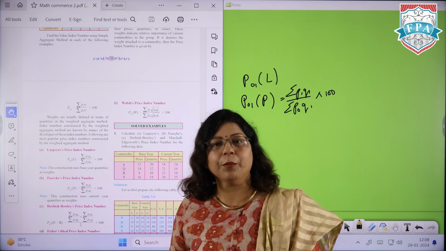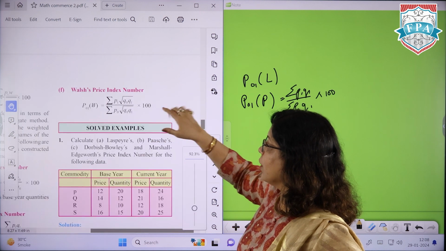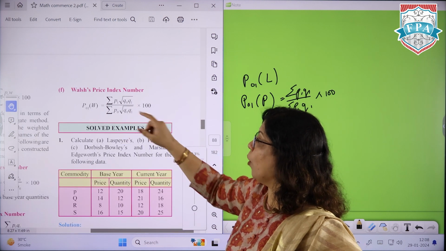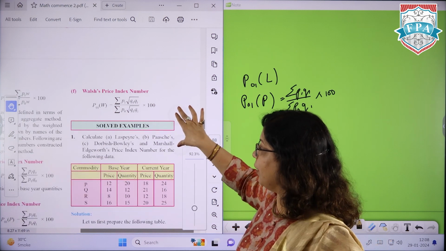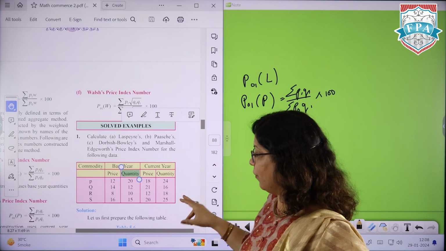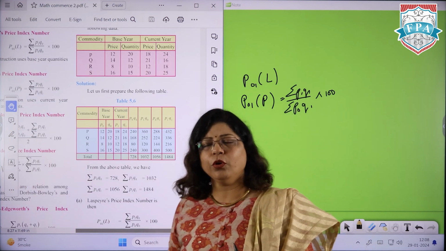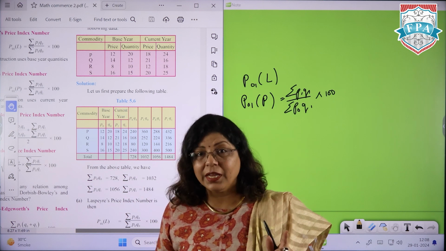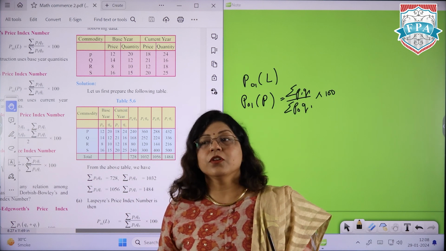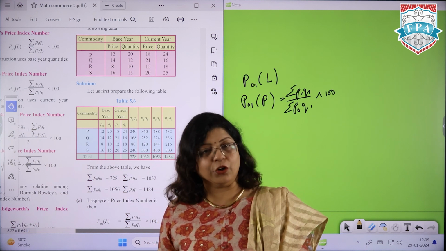That means the geometric mean of the two quantities, which is root of Q0Q1, in both the cases, multiplied by P1 and P0 respectively. These questions as such are not going to be very difficult, but if you don't remember the formulae, then it will create a problem. So just be very clear which formula is asked and what you have calculated over there.